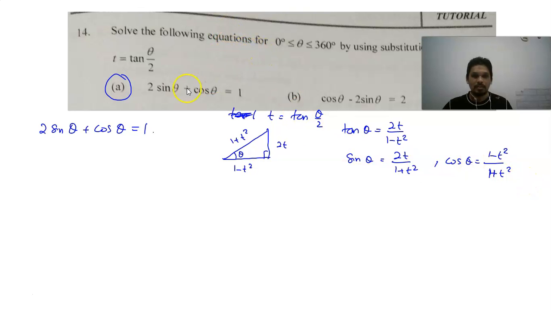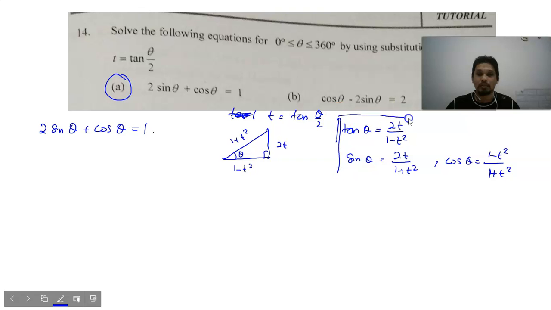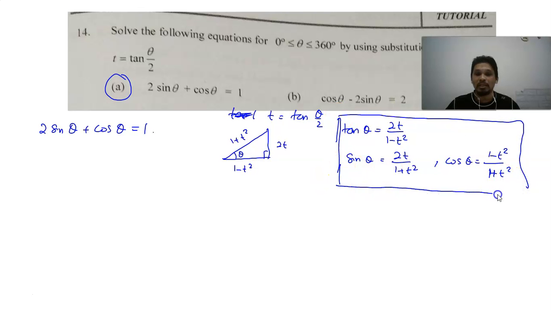solve this: 2 sine theta plus cos theta equal to 1. So from these three, sine, cos and tangent in terms of t that we have here, we are going to substitute the things that we need into this equation.